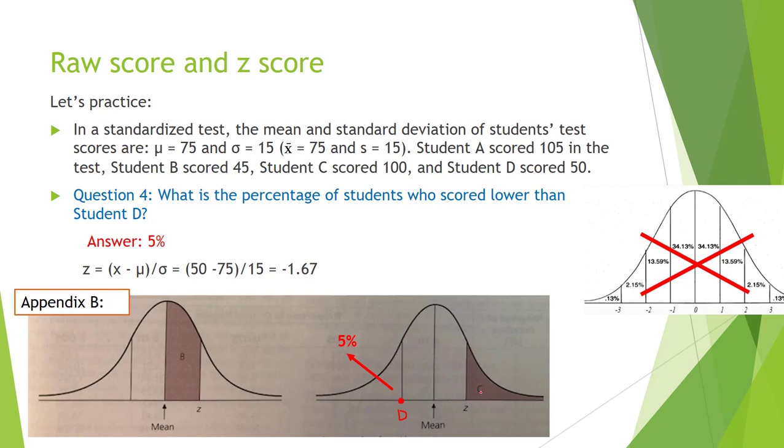If this point here is positive 1.67, and this point here is negative 1.67, this area C will be the same as this area on the left-hand side. If this area is 5%, this area will be the same 5%.